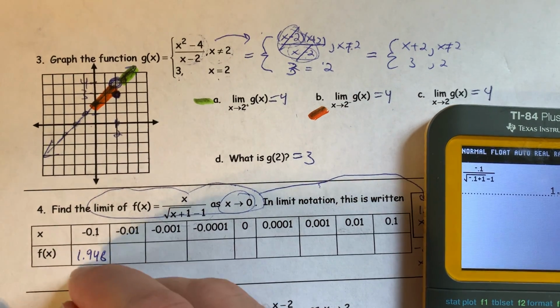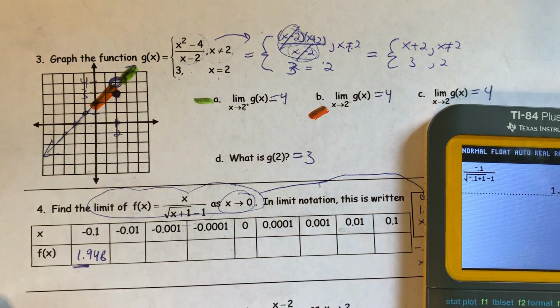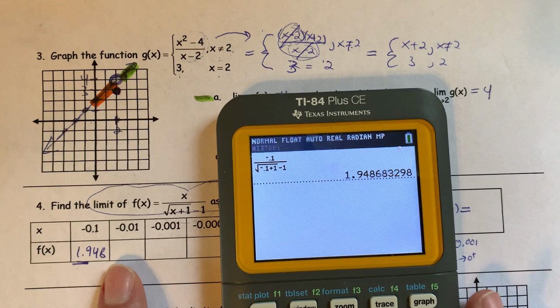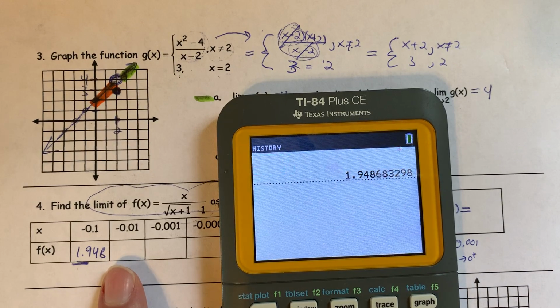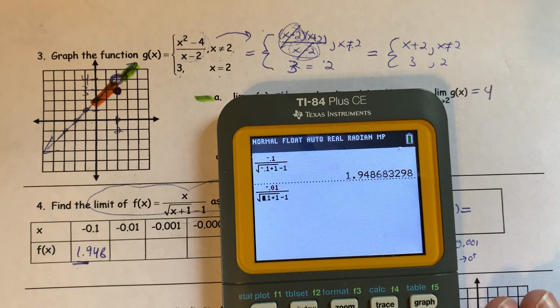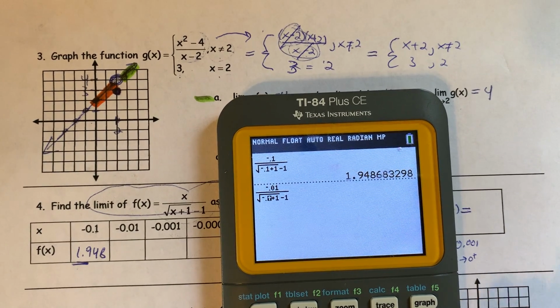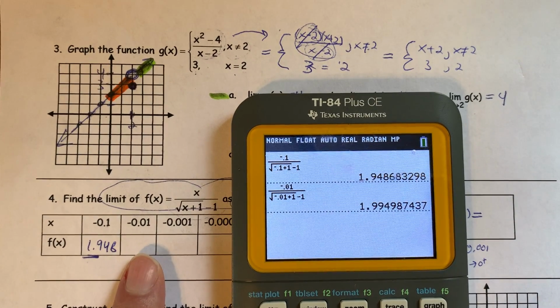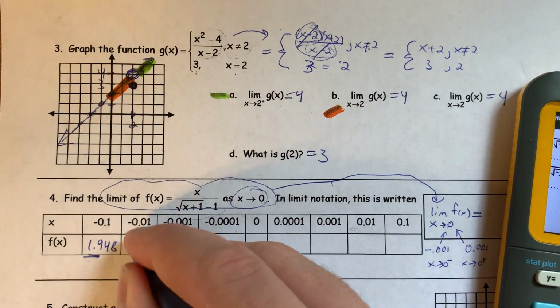By the way, because it's 1.9, I might already be thinking that the limit might be 2. But I want to get a little bit closer to see. So now we're going to do the same thing, and I'm going to go up and select this so I don't have to type the whole thing again. I'm going to put in 0.01, insert a 0 here, and we see this value. And now it's 1.99498.